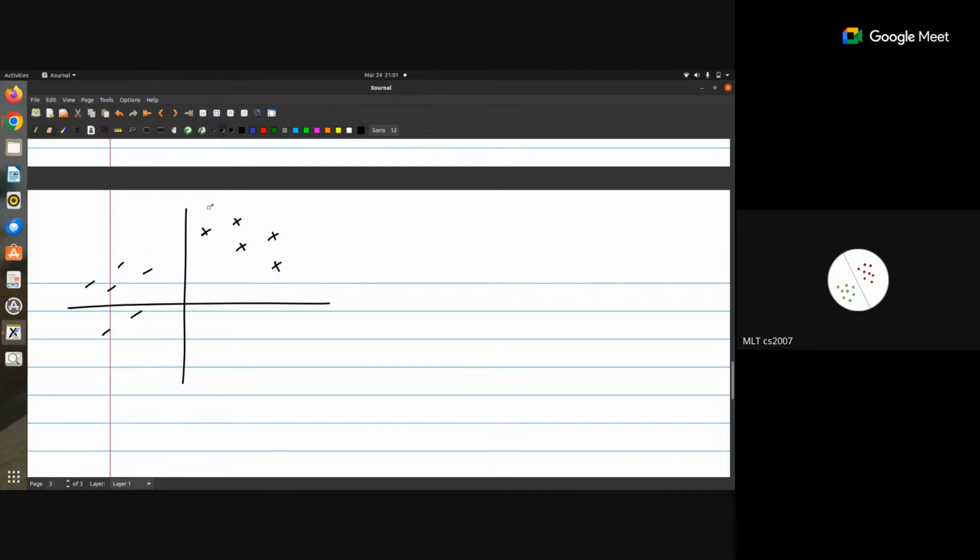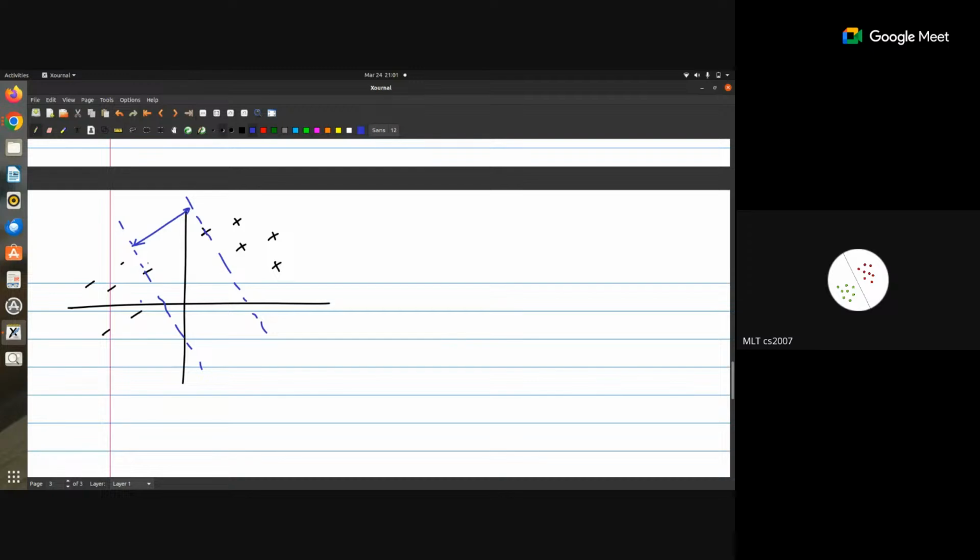Which one should I pick, this line or this line? The smallest distance between the two lines. Correct, because only then will it be separating. If I choose something else here, all the data points will not get properly classified. I hope that is fine.